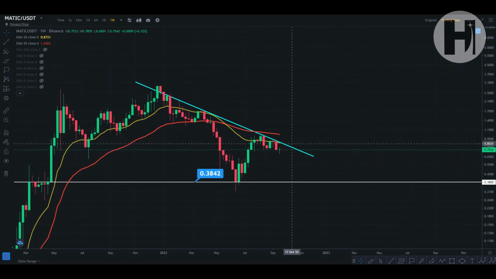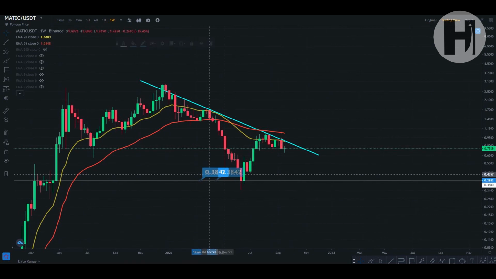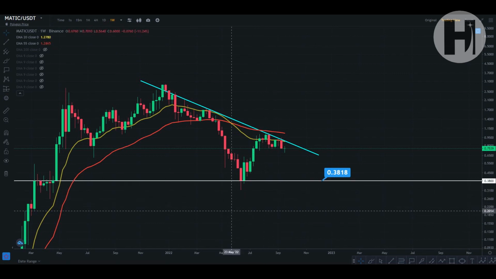And once you do that, you're going to see a strong move to the upside, because usually once you break through multi-month diagonal resistance trend lines, you typically see a very strong move to the upside, especially on a larger time frame like the weekly chart here. Obviously, your key support level here is going to be at 38 cents.